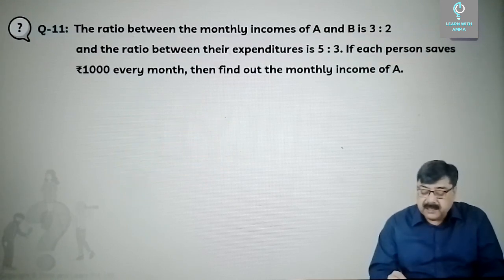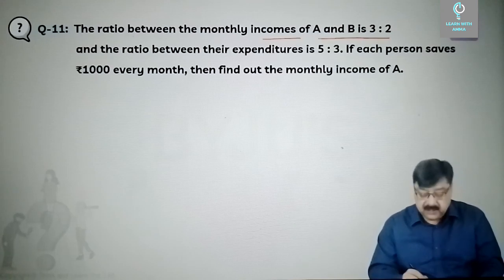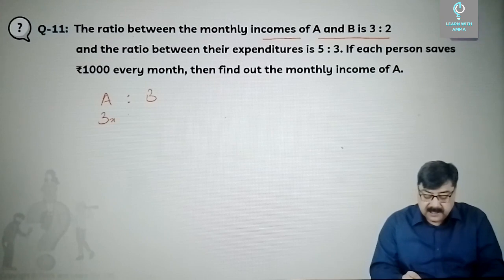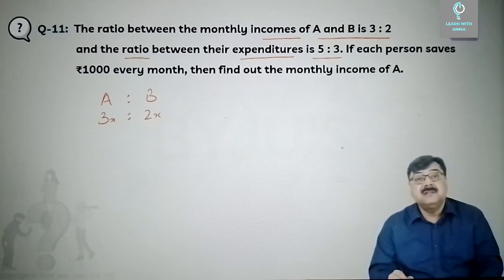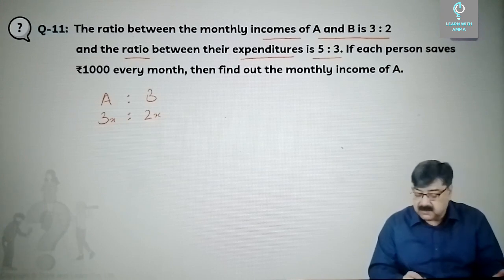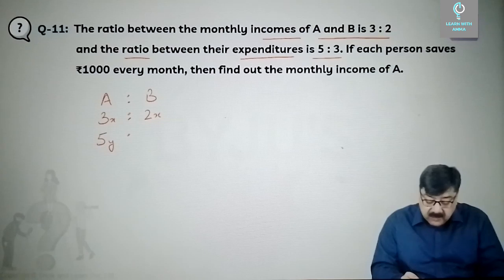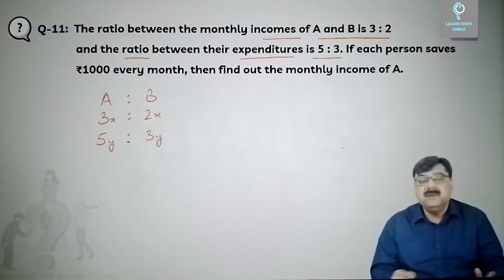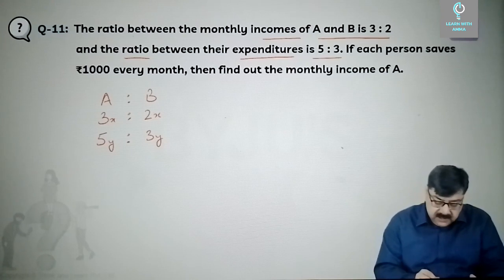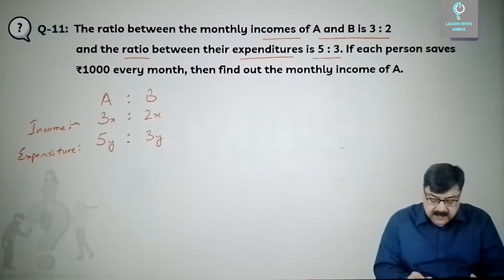The ratio between the monthly incomes of A and B is 3 is to 2. Alright, let's take this. A is to B is 3x is to 2x. And the ratio between their expenditures is 5 is to 3. So expenditure is a different head altogether. So I will have to take this as 5y is to 3y. The multipliers will be different for these two because this is the income and this is the expenditure.